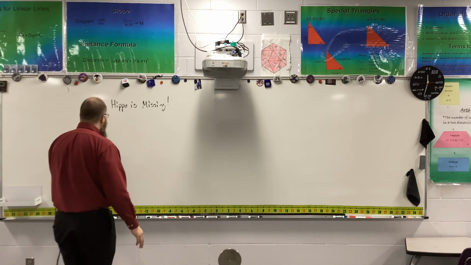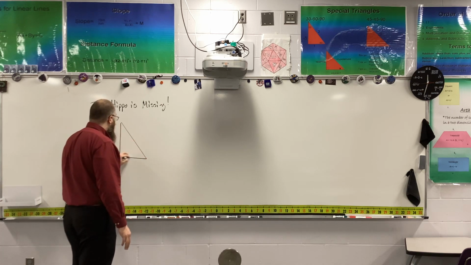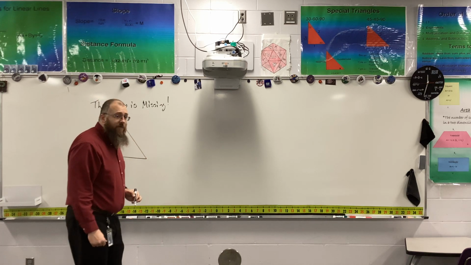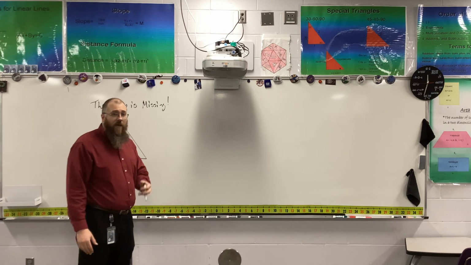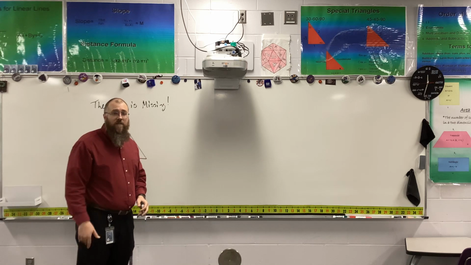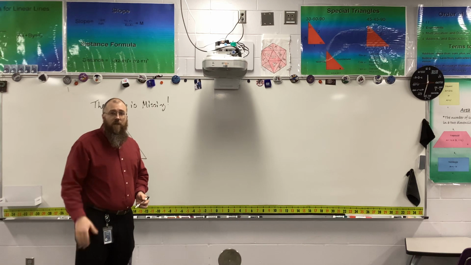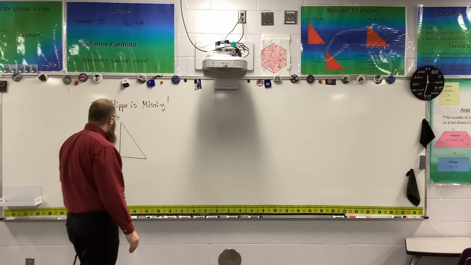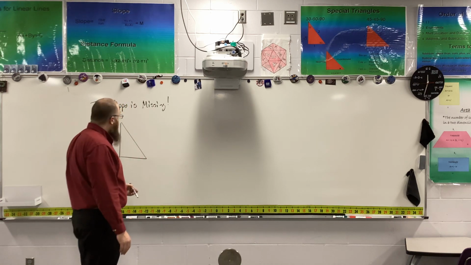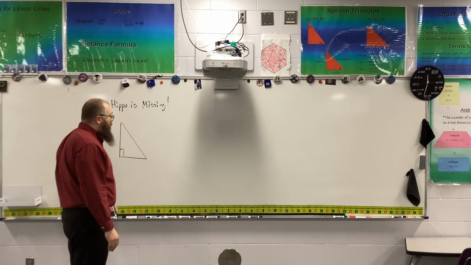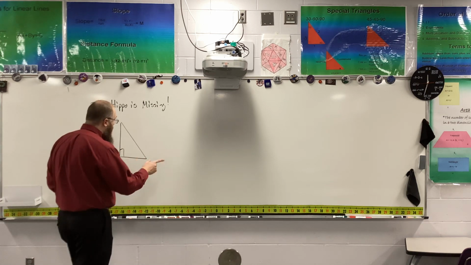As a reminder, or information for those who weren't here, I'll link videos from every day into the lesson so that if you've missed days prior to this learning, you can go back and connect without having Mr. P here. Our hippopotamus, or our hypotenuse, is the longest side in our right triangle.